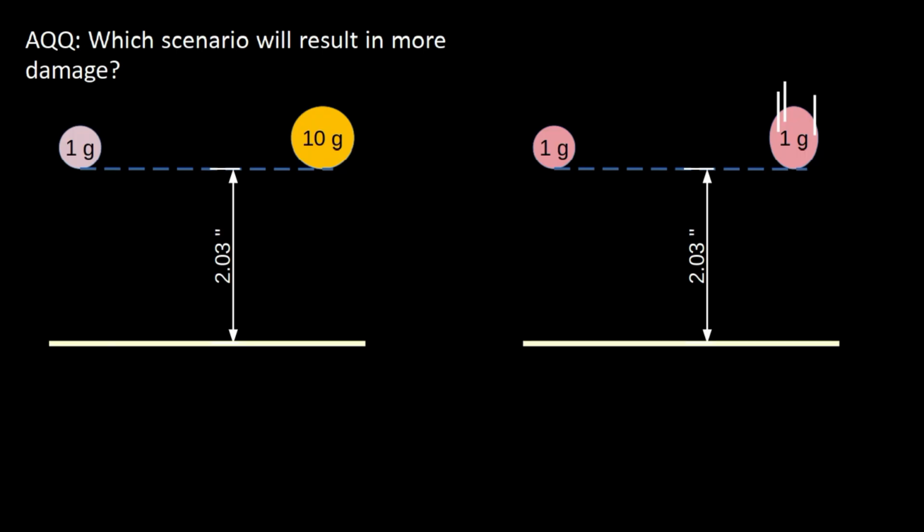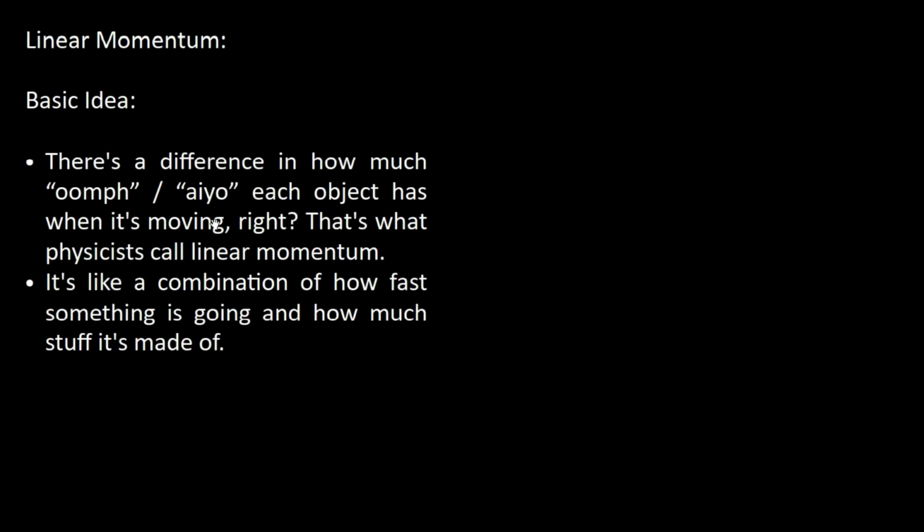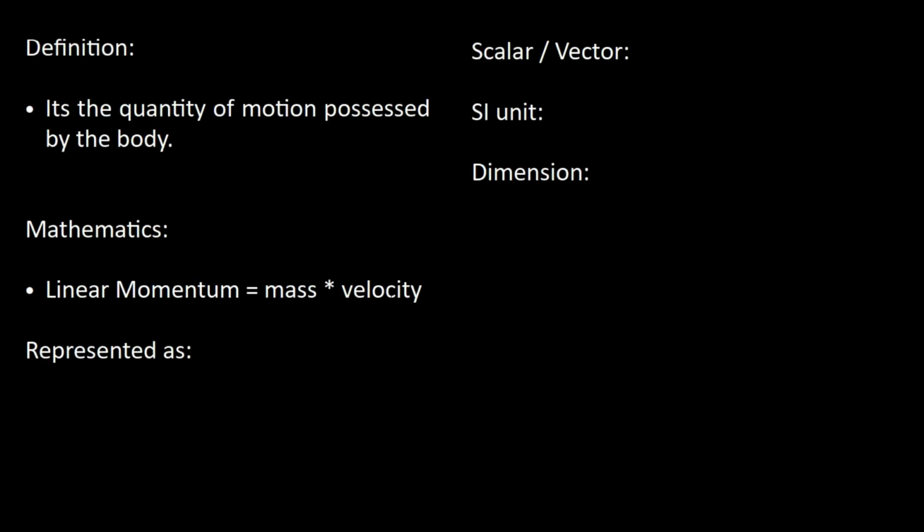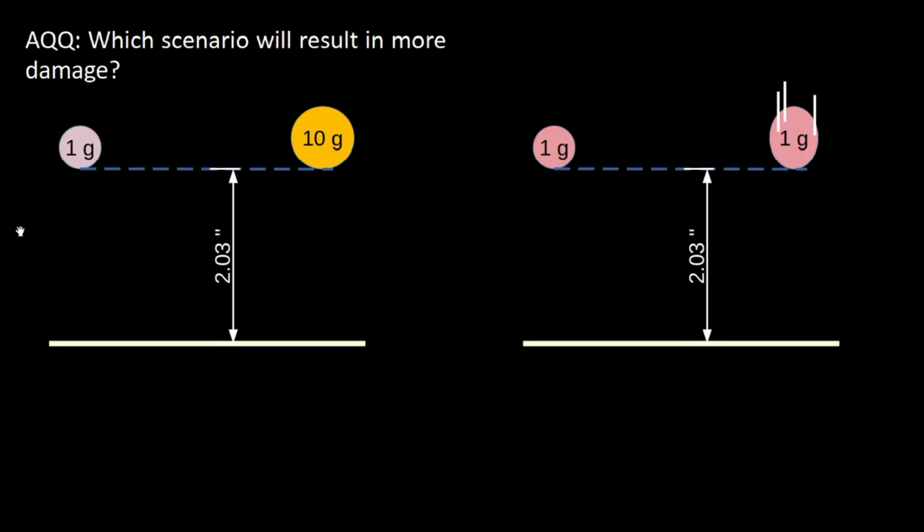So what did we learn? We got introduced to a new topic called linear momentum. It's the OOPS factor or the IO factor that we are looking at. The main thing that affects this factor is your mass and velocity. If the mass increases for the same velocity, it will have more damage.